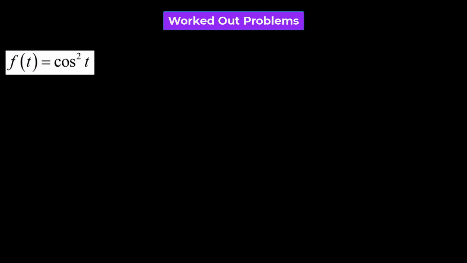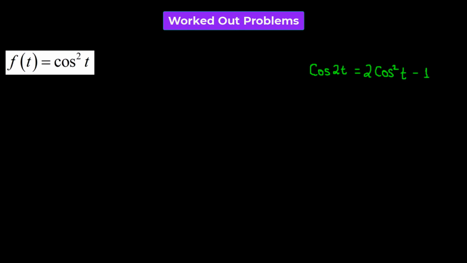So now we have to determine the Laplace transform of cosine squared of t. We're going to use the identity that cosine of 2t is equal to 2 times cosine squared t minus 1.